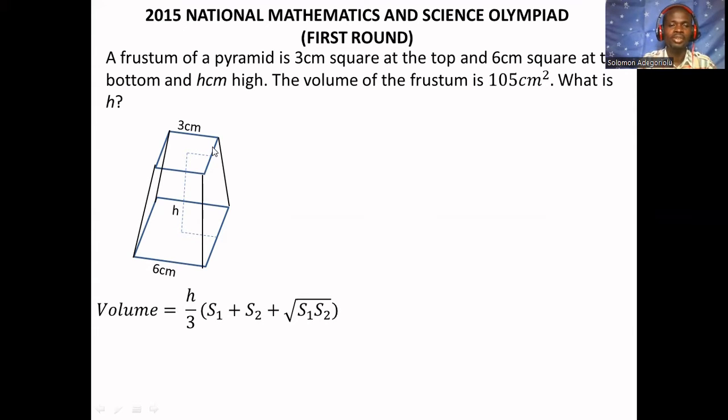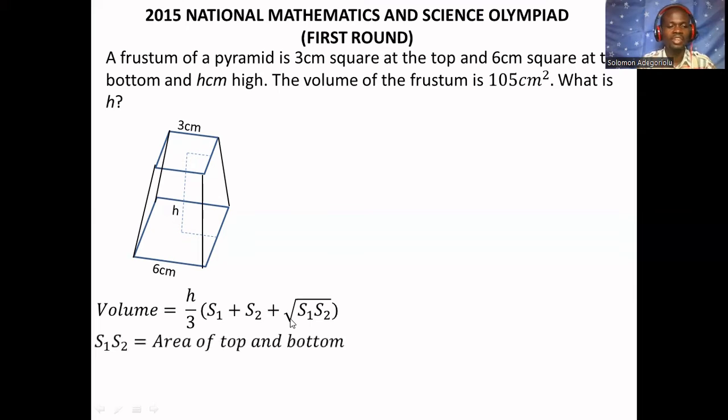S1 is the area of the square at the top, and S2 is the area of the square at the bottom. So in a nutshell, S1 and S2 are both the areas of the top and bottom of the frustum given.